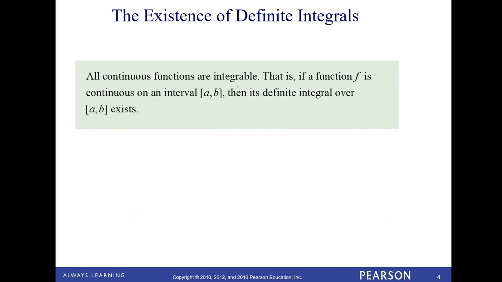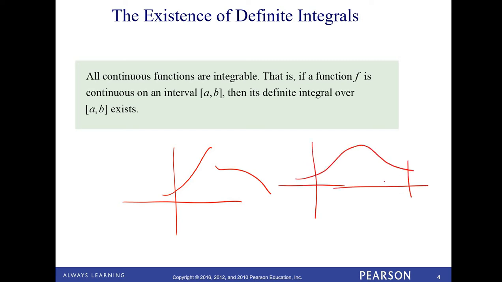All continuous functions are integrable. That is, if a function f is continuous on any interval a b, then its definite integral over a b exists. As long as there are no gaps in the function, I can find the area. As long as it's continuous, I can find the area.